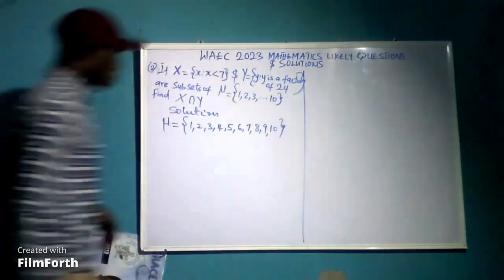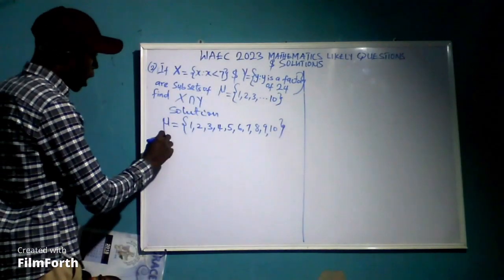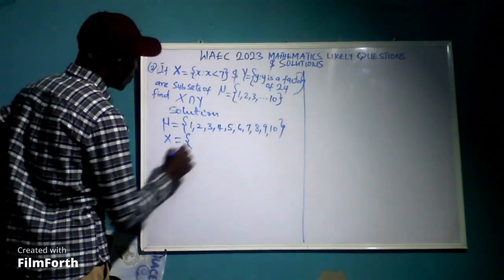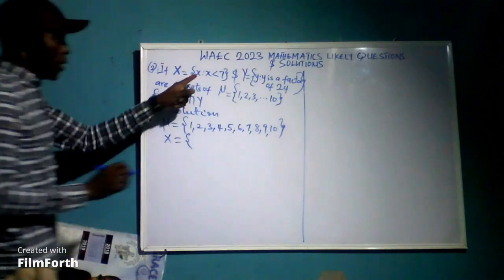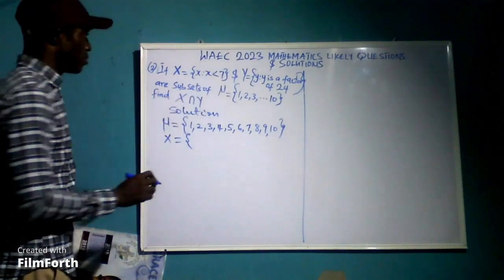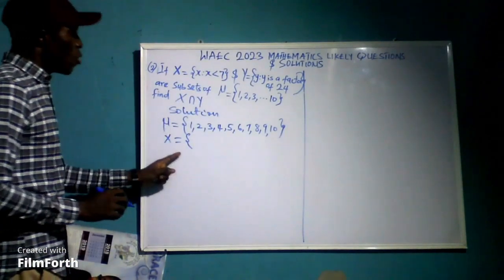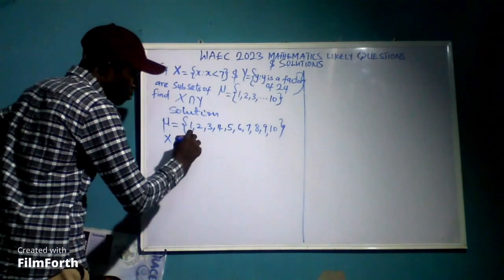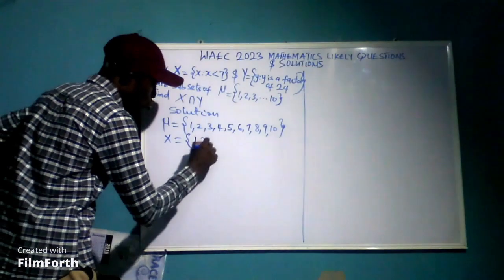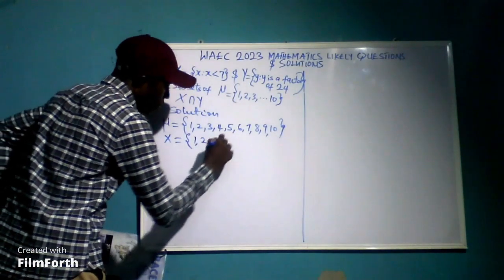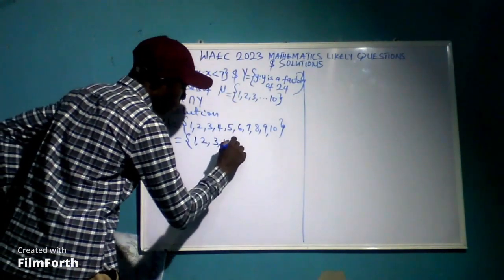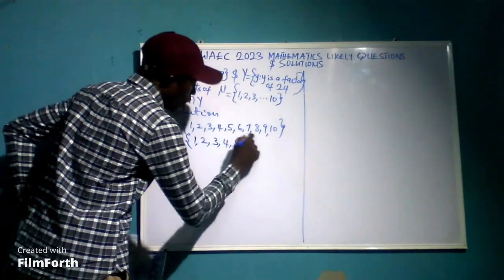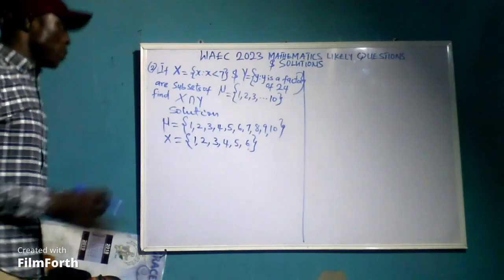We are given the subset X to be equal to numbers less than 7, which must be found in this universal set. We can start with 1, 2, 3, 4, 5, and 6, all less than 7. Of course, 7 is equal to 7, so we stop at 6.